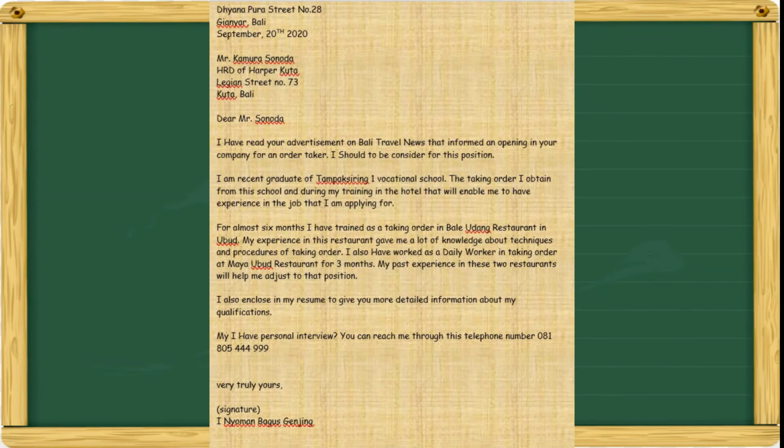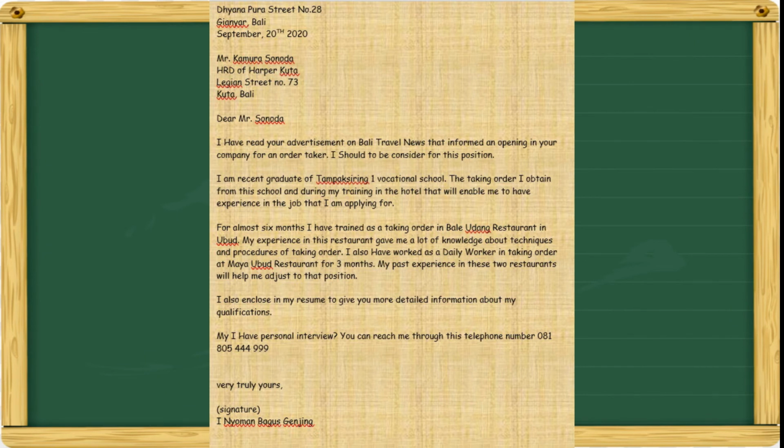Dianapura Street, number 28, Gianyar, Bali, September 20, 2020. Mr. Kamura Sonoda, HRD of Harper Kuta, Legian Street, number 73, Kuta, Bali.